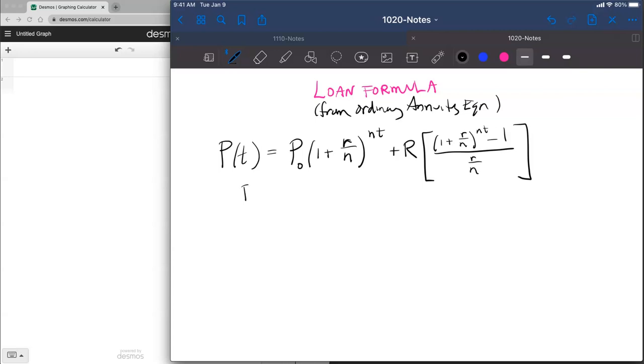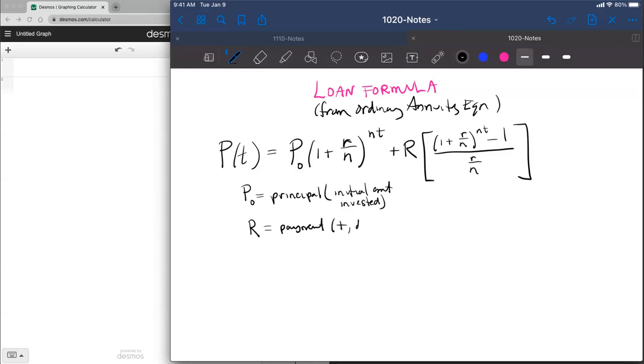Okay, recall that our definitions are P0 is called the principal. This is the initial amount that is invested. R is the payment. This number is going to be a positive number.